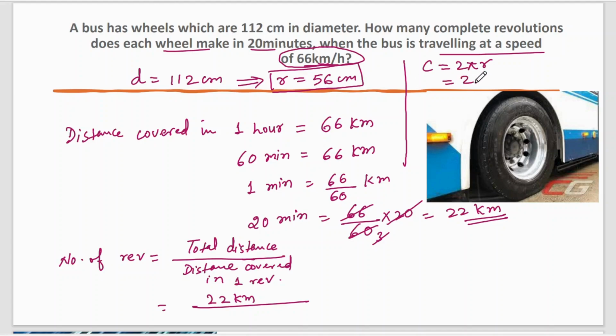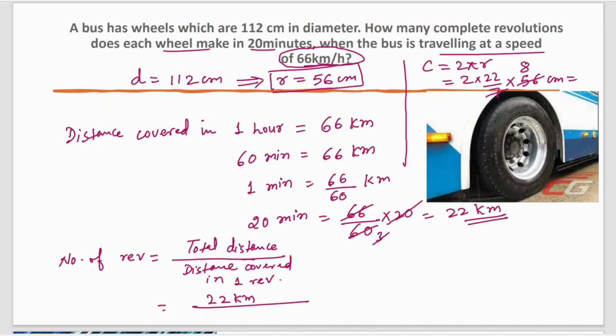So what is that? 2 into pi, 22 by 7, and what is r? R is given as 56 centimeter. So we'll cancel out 8 times. Okay. So you are left with 2 into 22 into 8, and finally we'll get the answer.